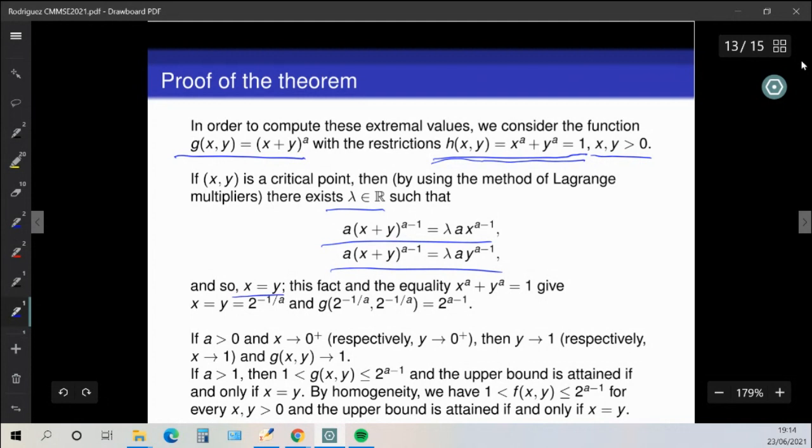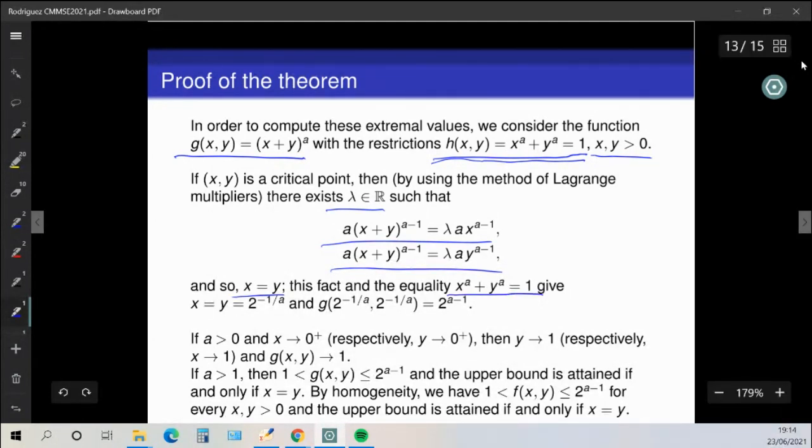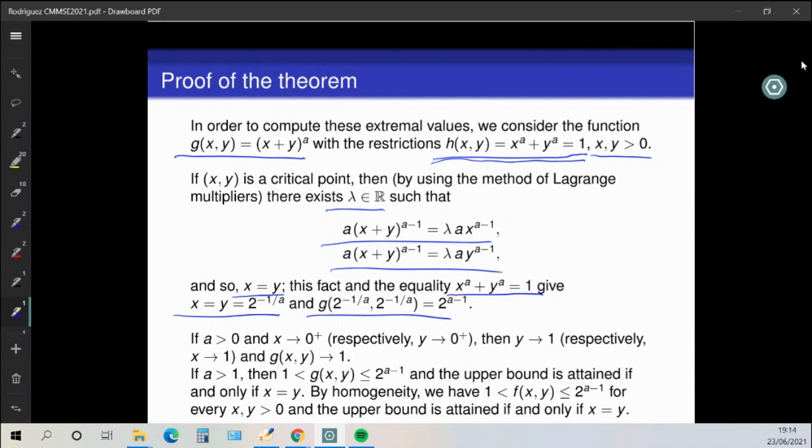This implies that x is equal to y, and since we have the restriction h equal to 1, we have that the values of x and y are that, and the value of g is this. If a is greater than 1 and x goes to 0, then y goes to 1.